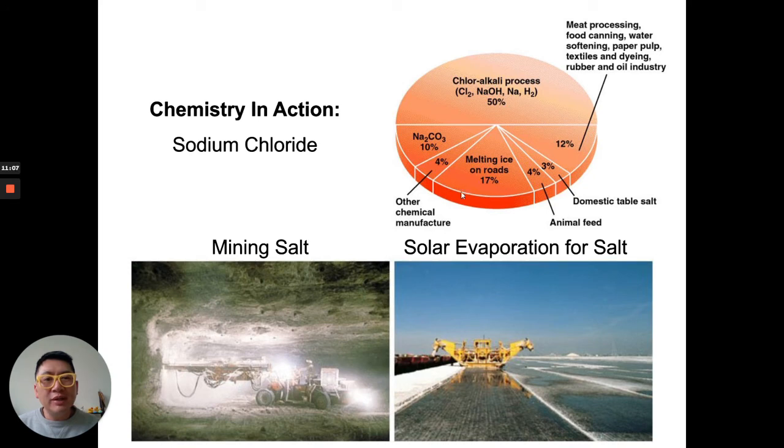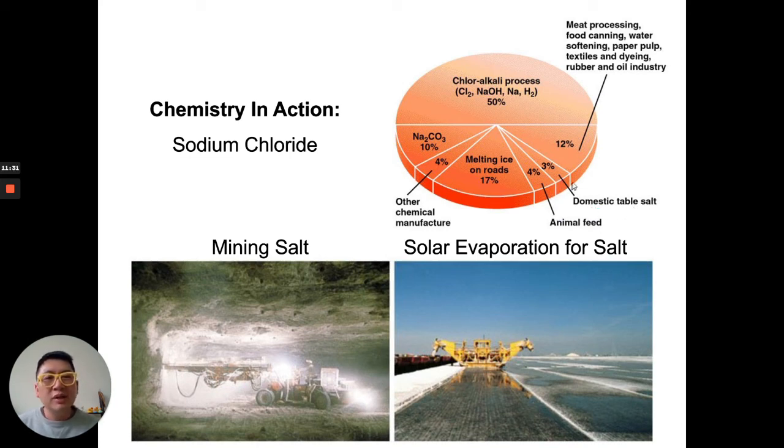We do use it to melt ice on roads, not in Los Angeles, but other parts of the country where it's freezing, almost never in Los Angeles. And of course for other processes: meat processing, food canning, water softening, etc. But of all the salt that we use, actual food for humans, not that much.